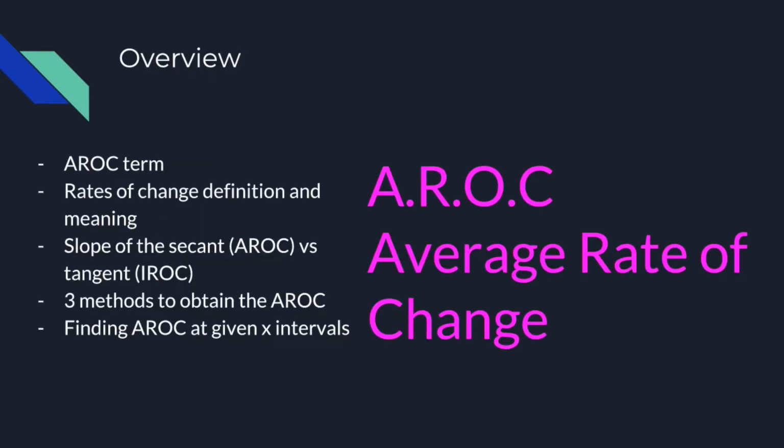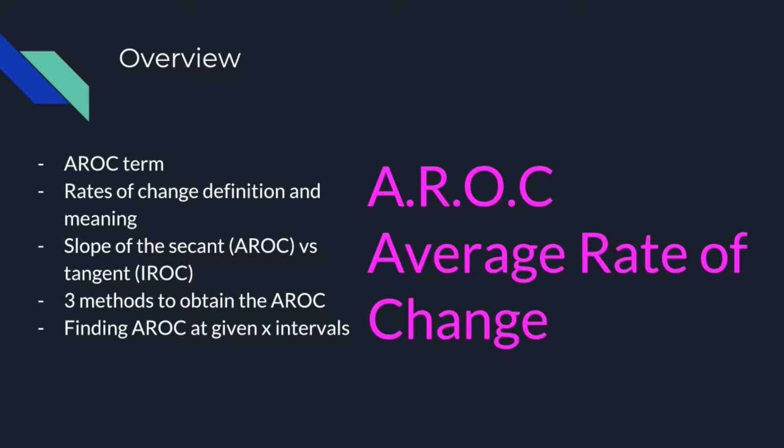So as you may know, AROC stands for average rate of change, and we will be using that abbreviation in this presentation. Rates of change involve a measurement of how fast something changes, or the rate that something is changing at. By simply looking at a graph of a certain function, the rate of change is a measure of how steep the slope of the line is, which we call the secant for average rates of change.